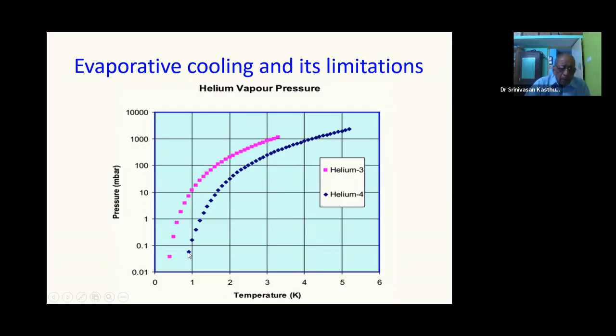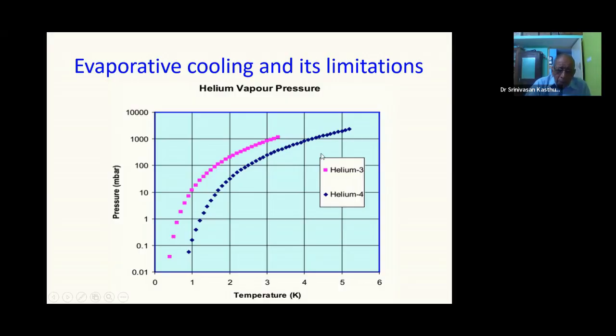The limitation is that below a particular level, you will not be able to evaporate it further. With the best evaporating conditions, you will reach temperatures of the order of 0.9 to 1 Kelvin in the case of helium-4, and approximately 0.5 Kelvin in the case of helium-3.